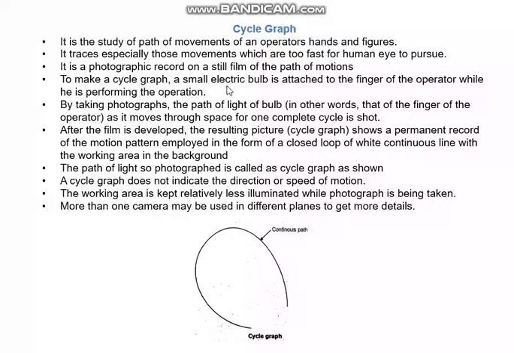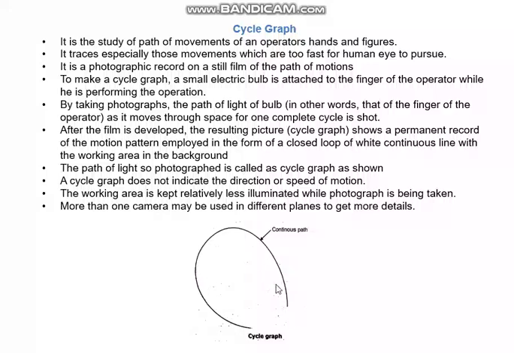So what we do is tie a small electric bulb to the operator's finger. Then we take photographs, and the path of the light bulb moves.